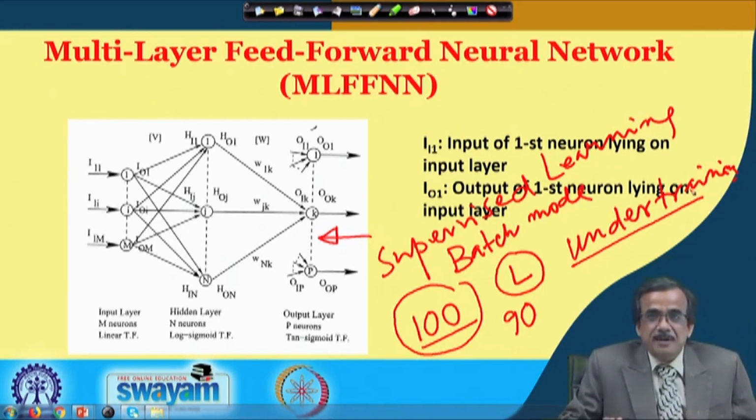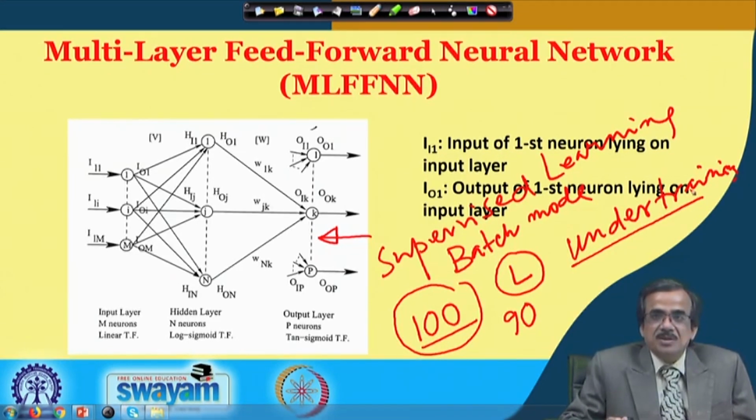Now, on the other hand, if I use a very large number of training scenarios, and if I train this particular network through a large number of iterations, let us see what happens.